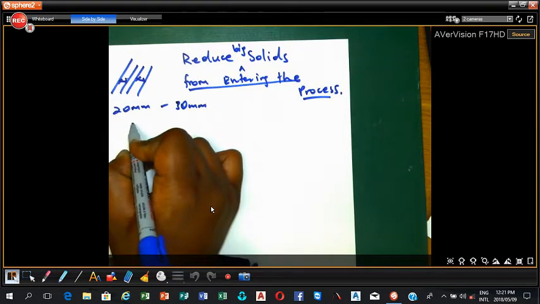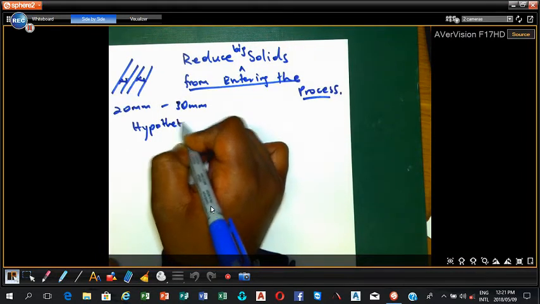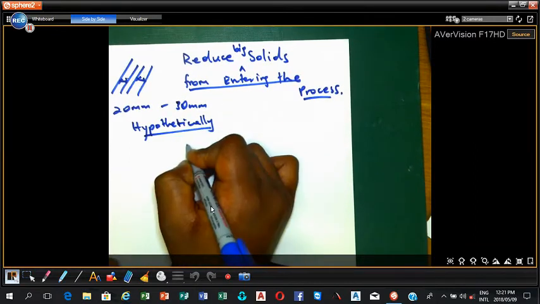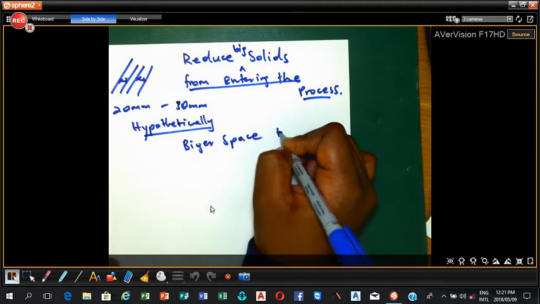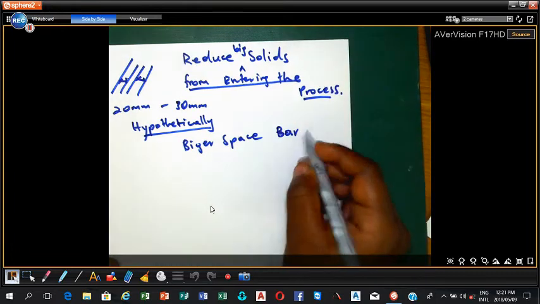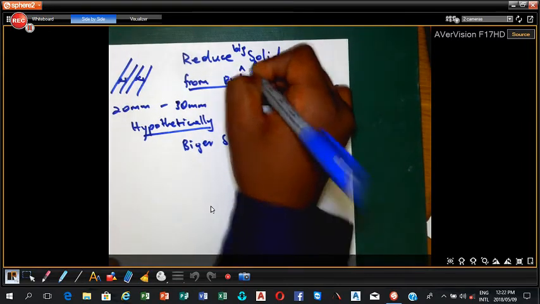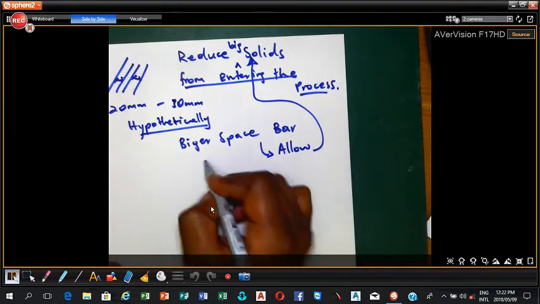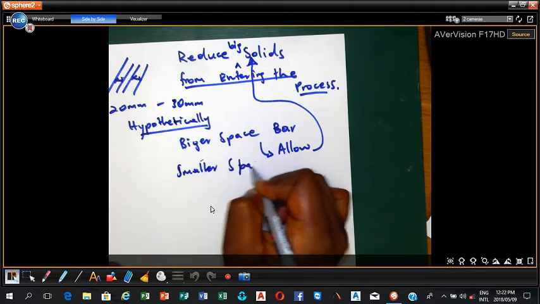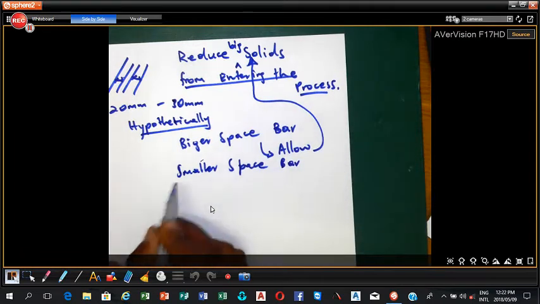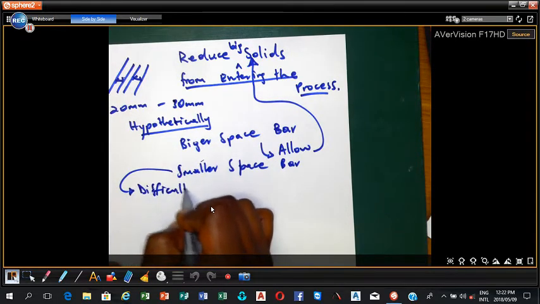Now, hypothetically, a bigger space between bars allows the solids to go through, but the smaller space bars will be difficult to clean.